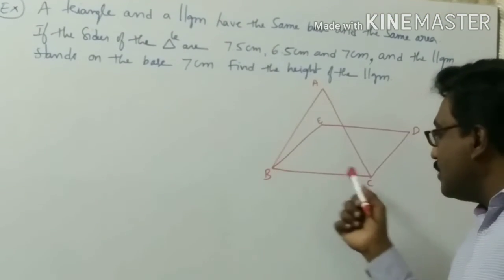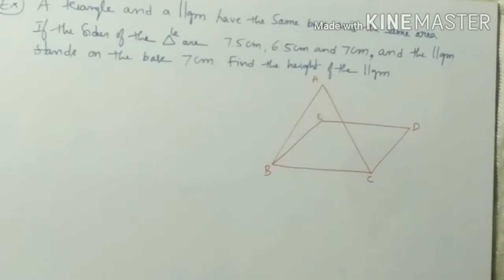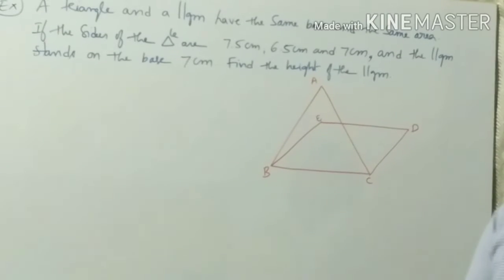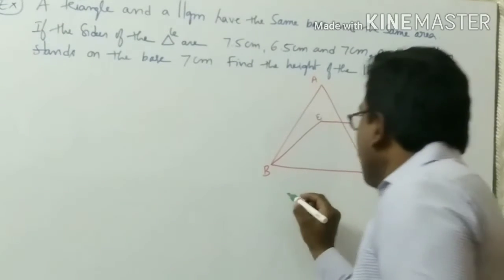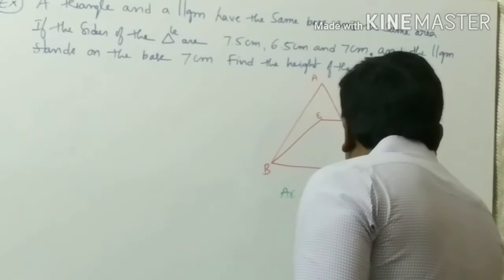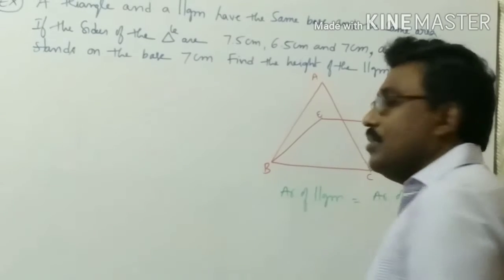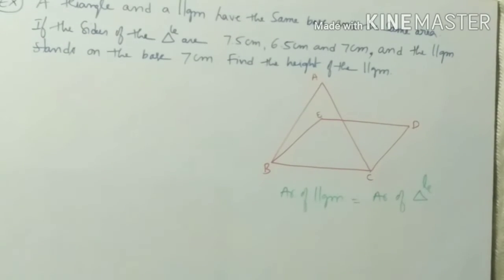What is the base? BC. And same area. That means area of parallelogram is equal to area of triangle.